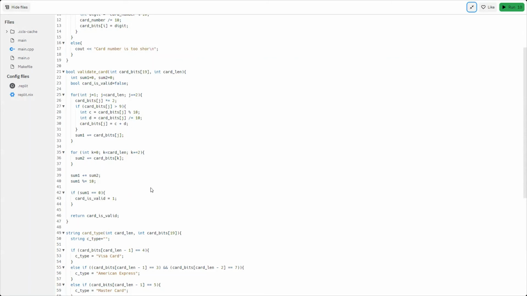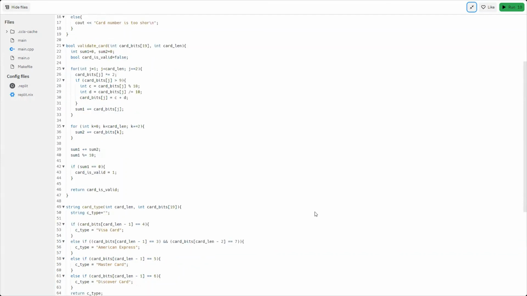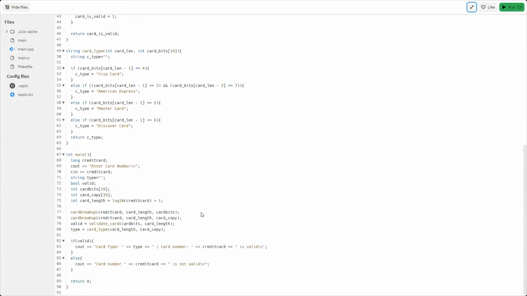Then we have the card type function. It creates a function called card type that takes in two arguments, card length and card bits. It creates a variable called C type, setting it to an empty string, and it returns the value of C type. So that is basically how our code runs.